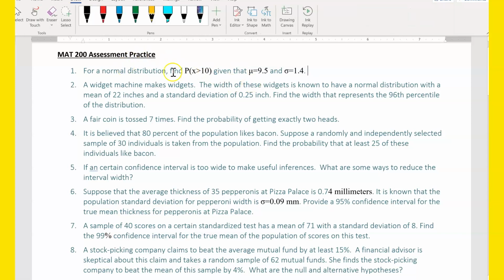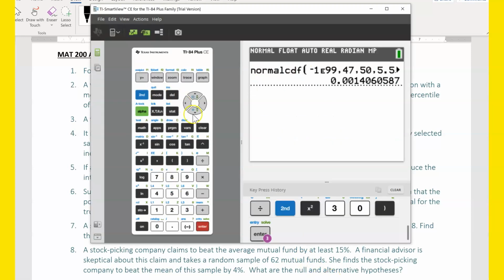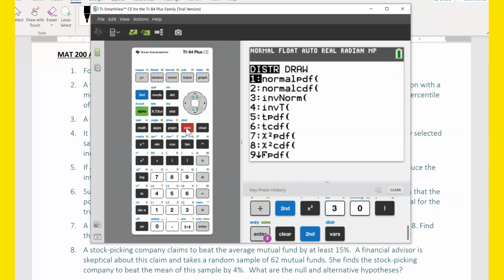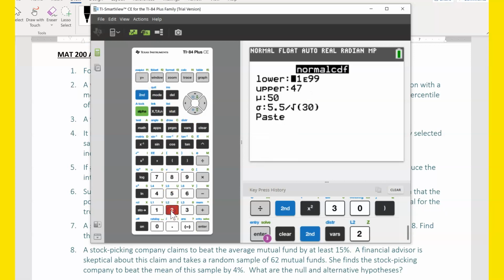So number one, what I would do is find the probability that x is greater than 10 in a normal distribution given the mean and standard deviation. I would just go to my calculator, go to second distributions, normal CDF.